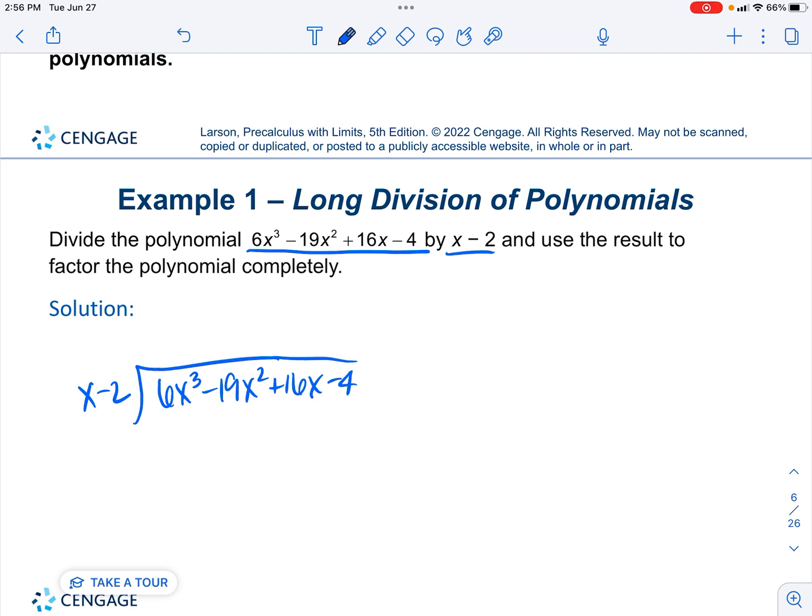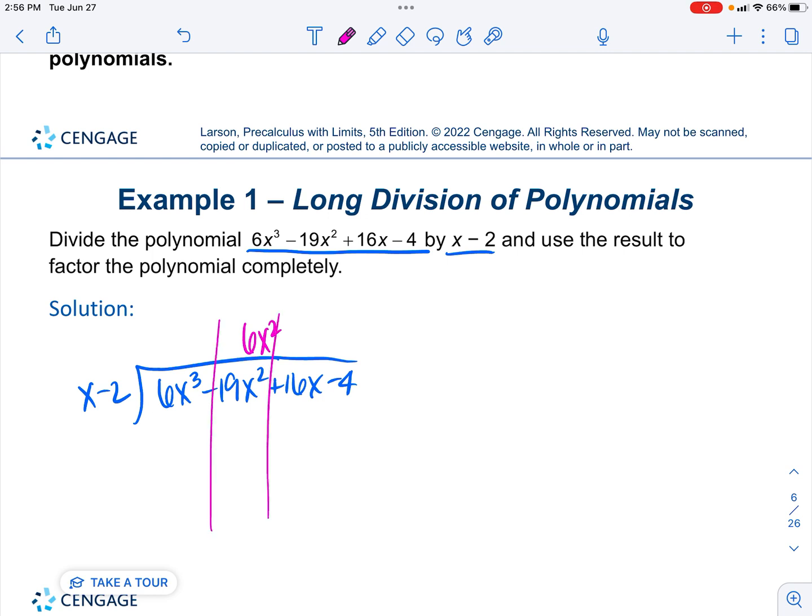So when I'm picking what to do first, I'm going to say what times x would give me 6x cubed. So the answer to that is 6x squared. 6x squared times x would give me 6x cubed.